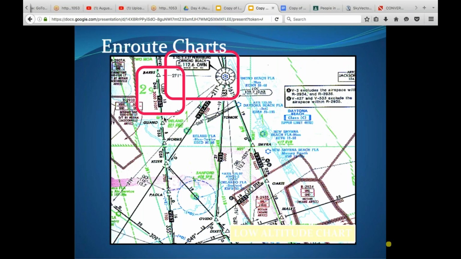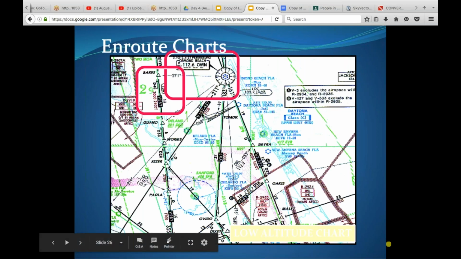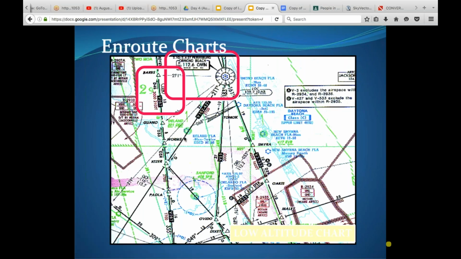So we have to have those intersections too, to be able to know where we can get on and get off of these jet routes and Victor routes as well. So we can't just be flying along all willy-nilly and decide that we're coming in on Victor 152, and then all of a sudden we decide we're right here and we just want to go down to the DeLand Municipal Airport right there and just kind of pull off.